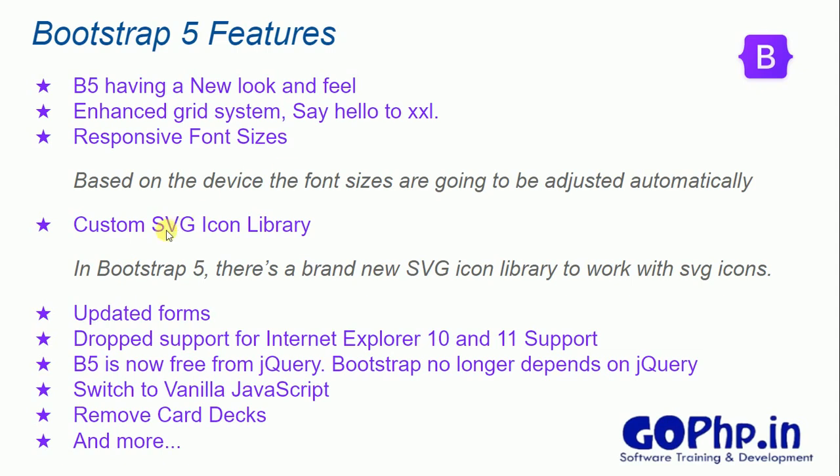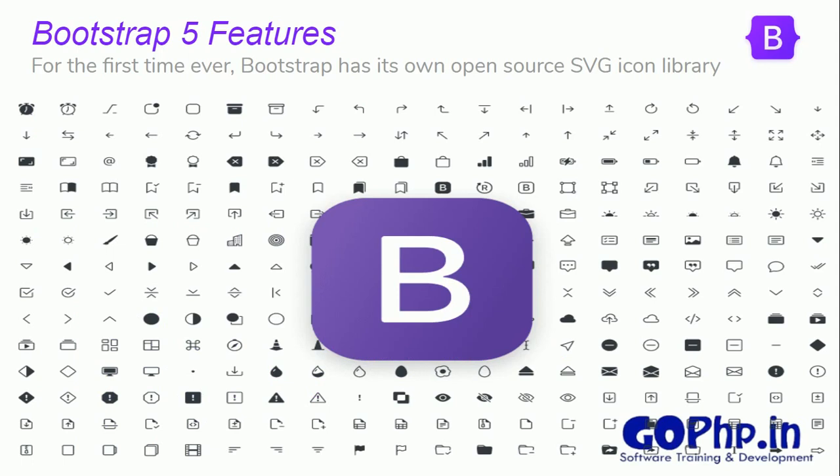And another feature, custom SVG icon library, guys. In Bootstrap 5, there is a brand new SVG icon library to work with SVG icons specially. In Bootstrap 3 and Bootstrap 4, we have icons, right? So can you see, these are the icons. Bootstrap 5 supports their own SVG icon library. We don't want to depend upon some other libraries, guys.